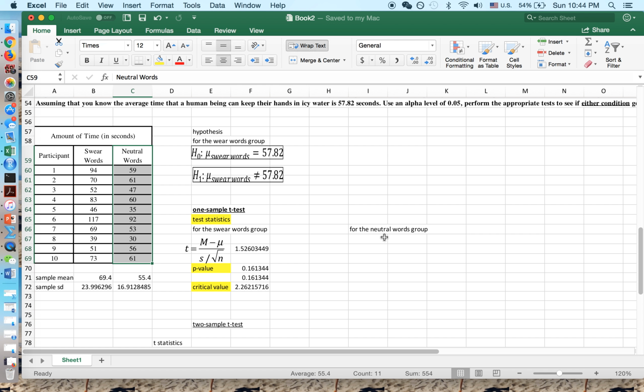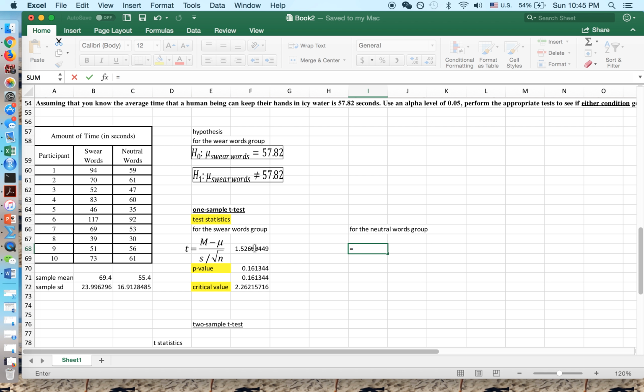Okay, so the t statistic will be the sample mean subtracting the assumed population mean, which is 57.82 again. And just to be more secure, I'm going to put a bracket around this quantity, and then my sample standard deviation divided by the square root of my sample size.